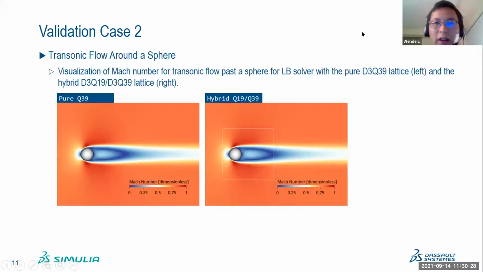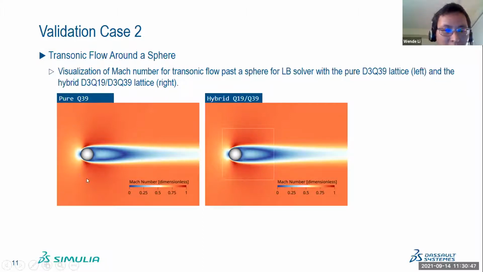And this is a visualization of the Mach number in the flow field. Basically, this is a pure D3Q39 lattice, and in the right figure we will see the D3Q39 lattice in the cylindrical region.